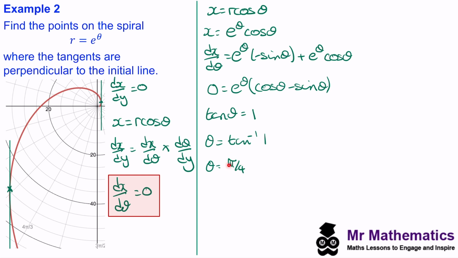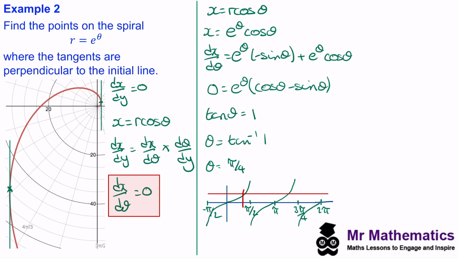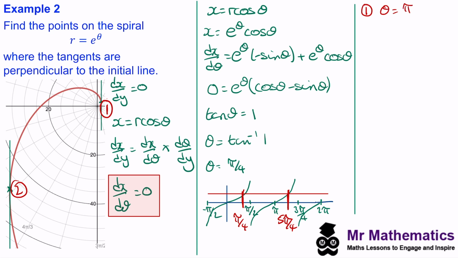So you can see that pi over 4 will be the angle at this point here. And now we can find the angle for our second point using our tan graph. So we've got pi over 4 about here. Our second solution will be at this point, which is 5 pi over 4. So if we label these 2 points, point 1 and point 2, we know for point 1 that theta equals pi over 4, so r will equal e to the pi over 4, which is approximately 2.193.